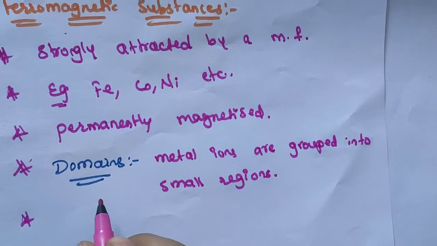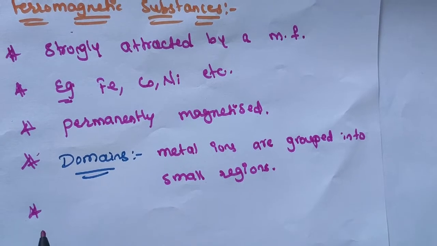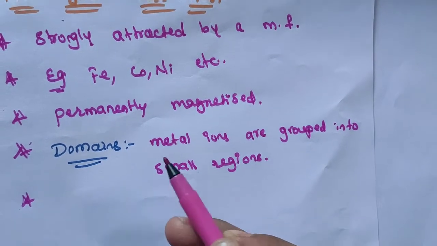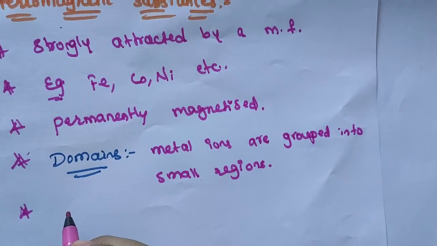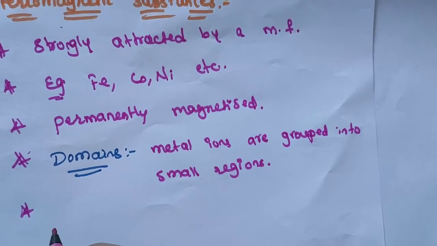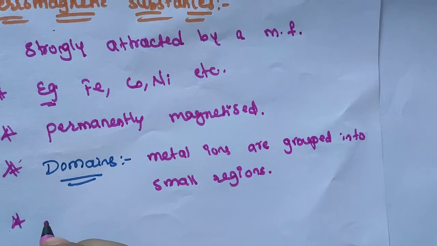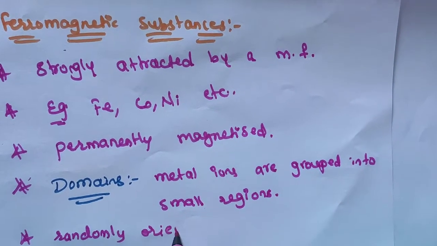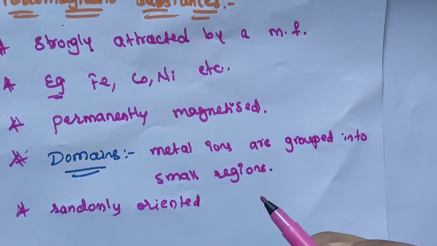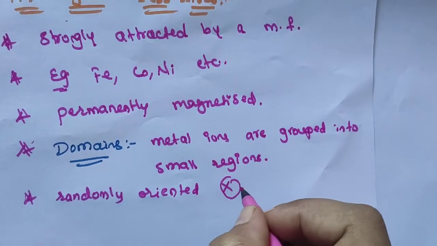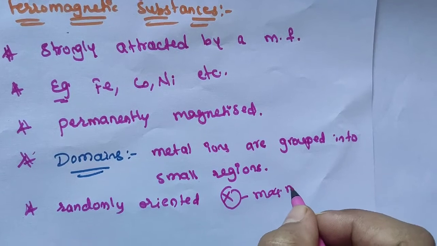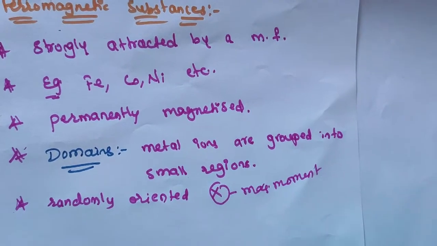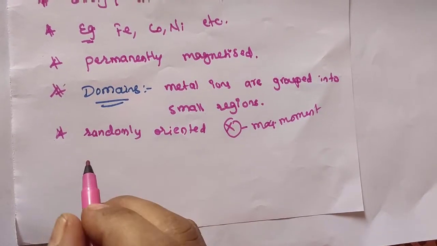Each domain acts as a tiny magnet. In the unmagnetized state, the domains are randomly oriented and their magnetic moments get cancelled out.